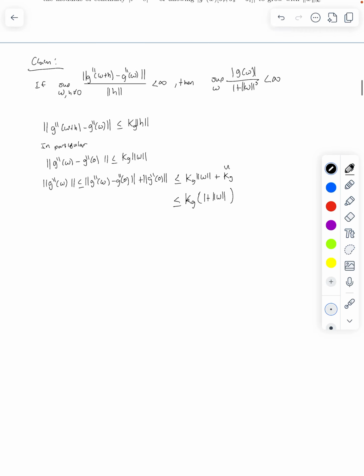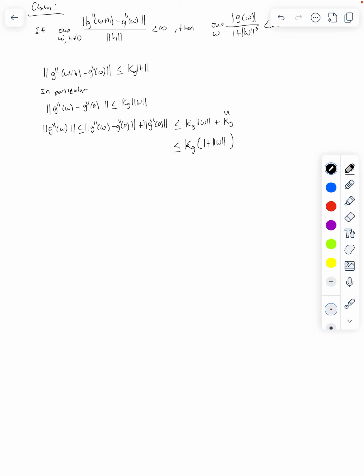If you want, you can go through and get all these things with very nice constants all the way through, but I'm not going to worry about it. Okay, so this is the first statement that I want to make. And so actually what you might notice here is that this says that g double prime of w over 1 plus w is actually finite.